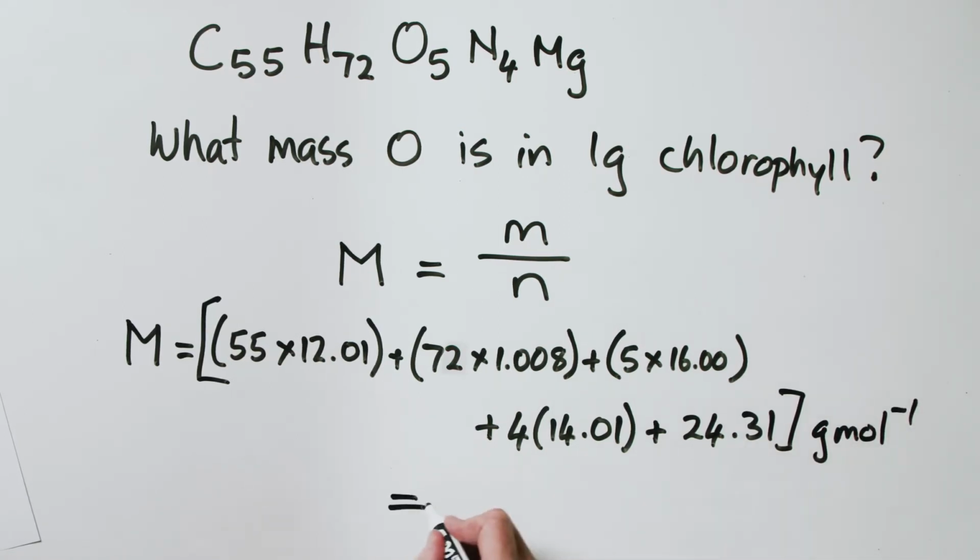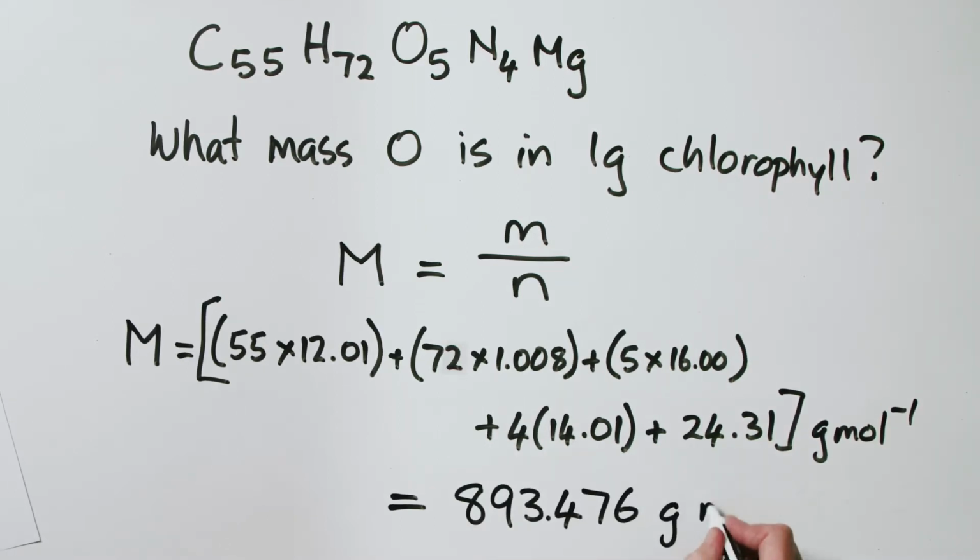And if you add all of those up, you get 893.476 grams per mole for the molar mass of chlorophyll. This is a decent sized molecule.